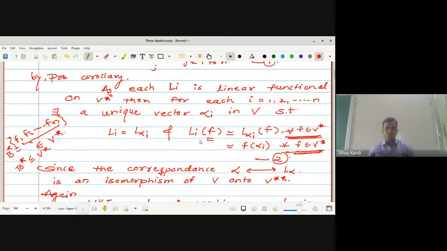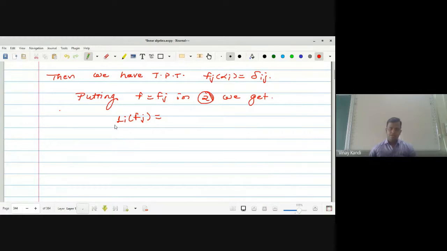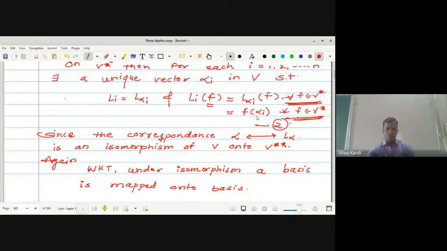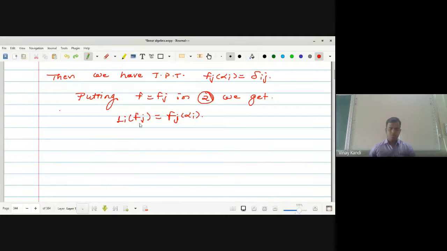Okay, if this statement is true for all f belongs to V star, then this statement is also true for f1, f2, f3 up to so on fn. या f साठी पण ते हा स्टेटमेंट काय असायला हवा? ट्रू असायला हवा. So hence, putting f is equal to fj, this is Li of fj is equal to what? Fj of alpha i. Okay, from equation 2. इथे काय येईल माझा? Fj of alpha i. Okay. So, but Li of fj is what?